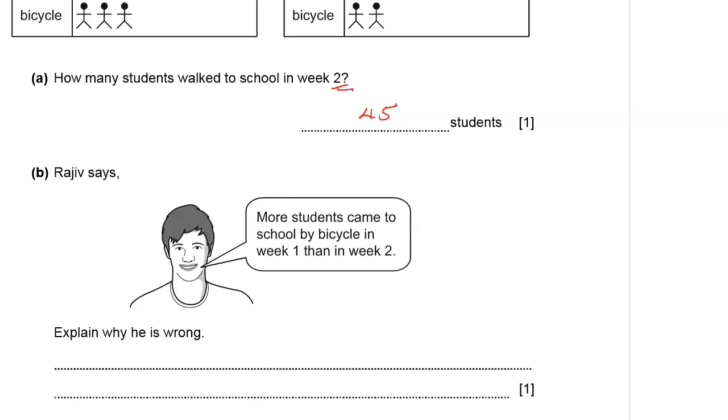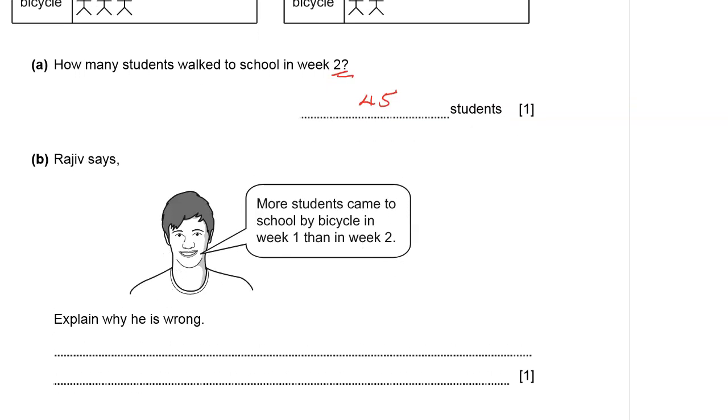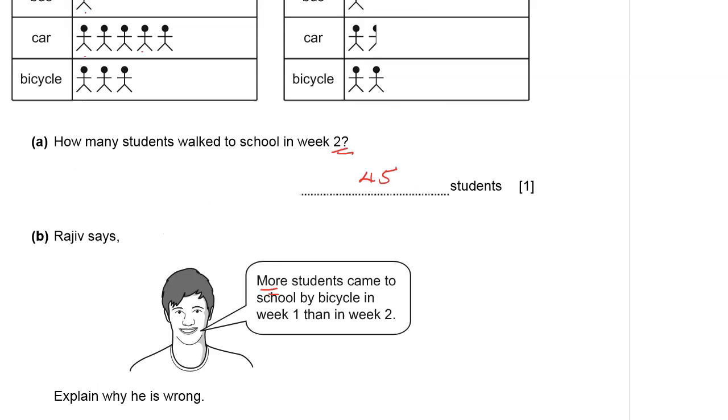6b, we are told that Rajiv says more students came to school by bicycle in week 1 than in week 2. Explain why he is wrong. Go back to our data.